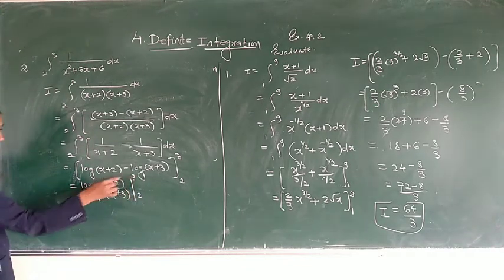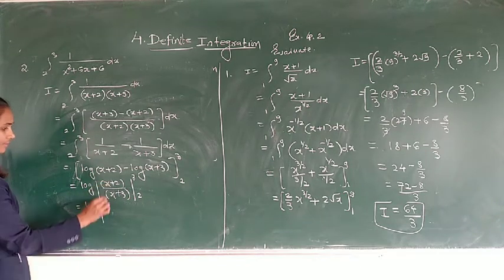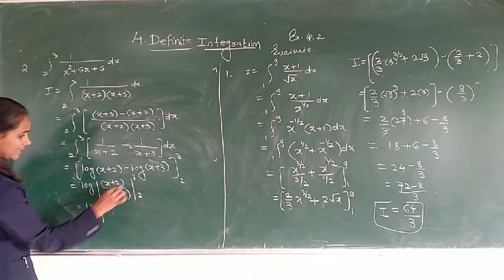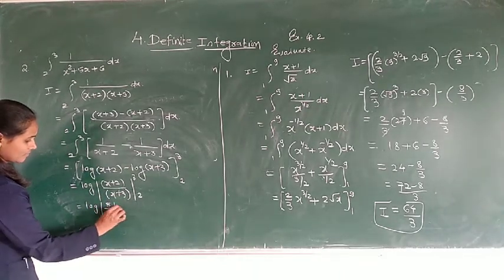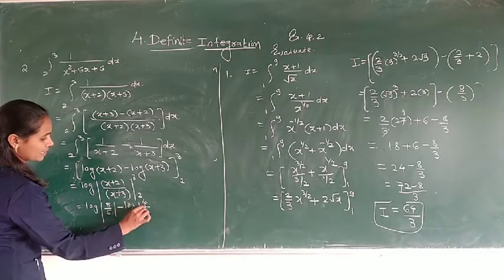So first use upper limit 3: log of 3 plus 2 is 5, and 3 plus 3 is 6, minus the lower limit: 2 plus 2 is 4, 2 plus 3 is 5.